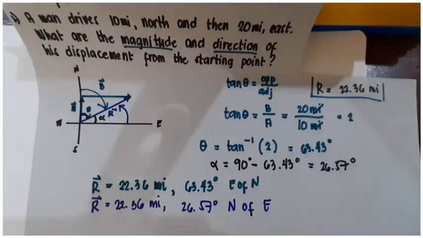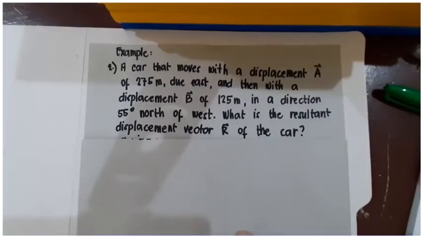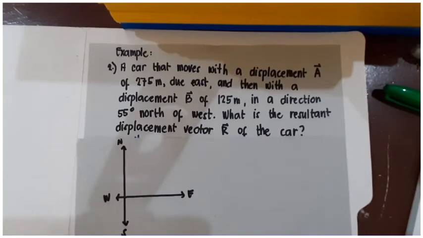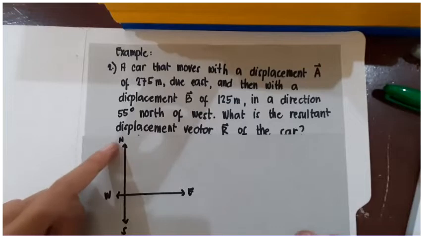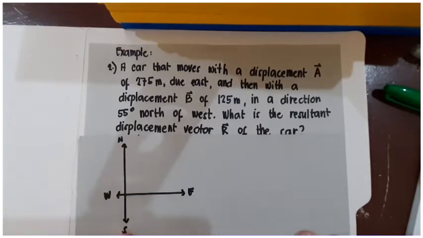Okay, so we have here another example. A car moves with a displacement A of 275 meters due east, and then with a displacement B of 125 meters in a direction 55 degrees north of west. What is the resultant displacement vector R of the car? Again, we are going to use your Cartesian plane with the following directions: north, east, west, and south.